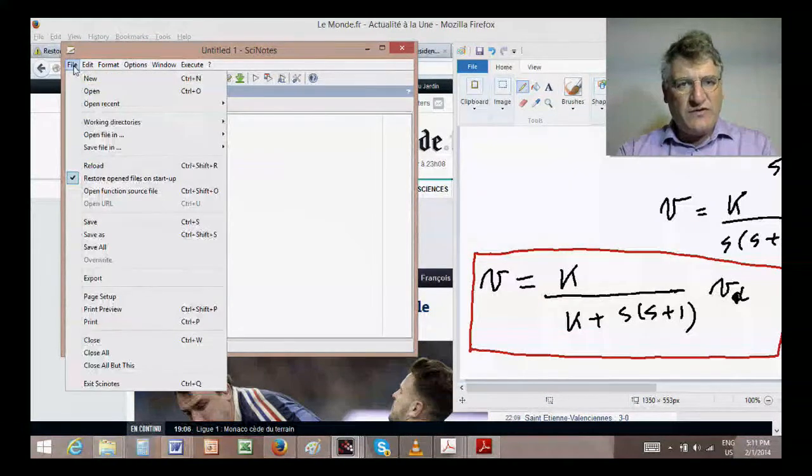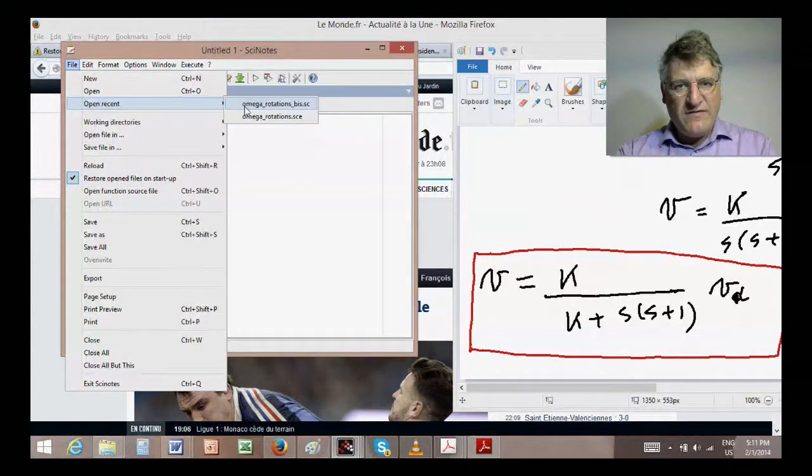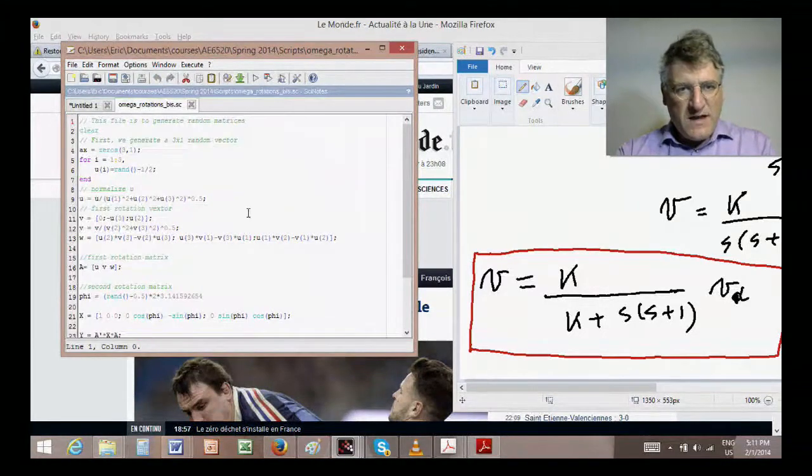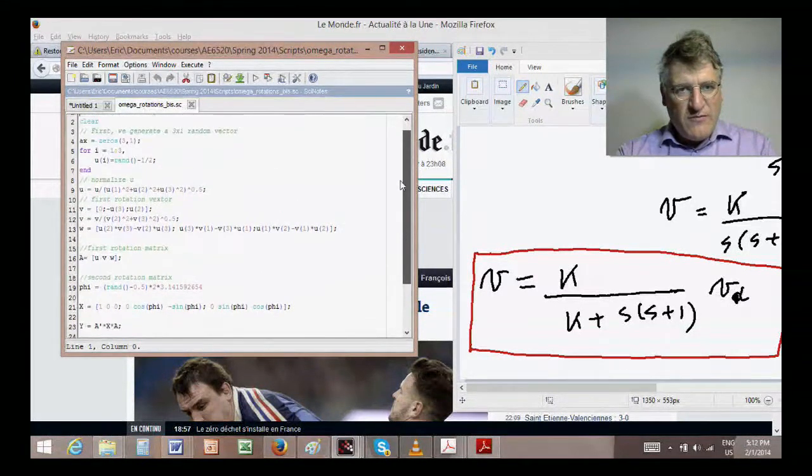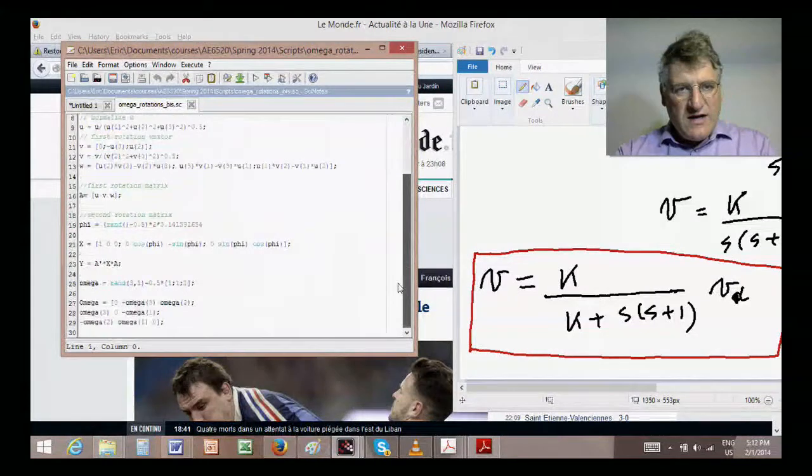So for that purpose, I will look at this, and because I have an old template that uses a function that I'm not totally comfortable with, hold on a second, this is not the right one.